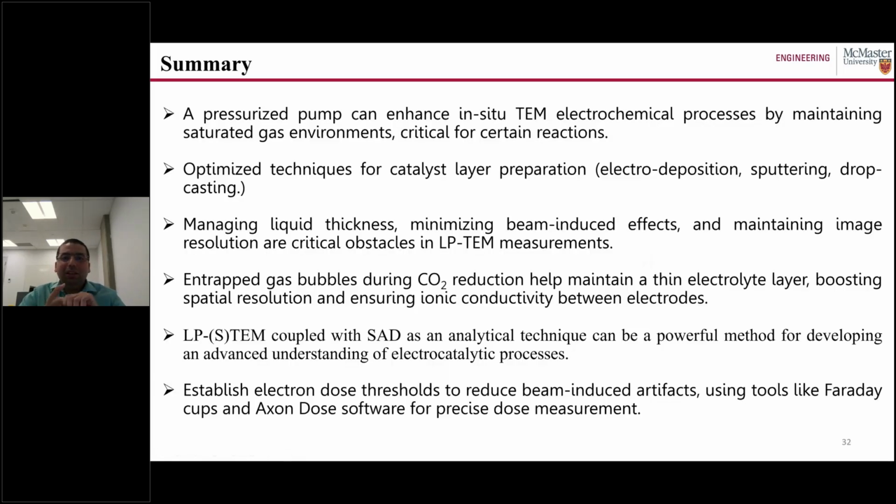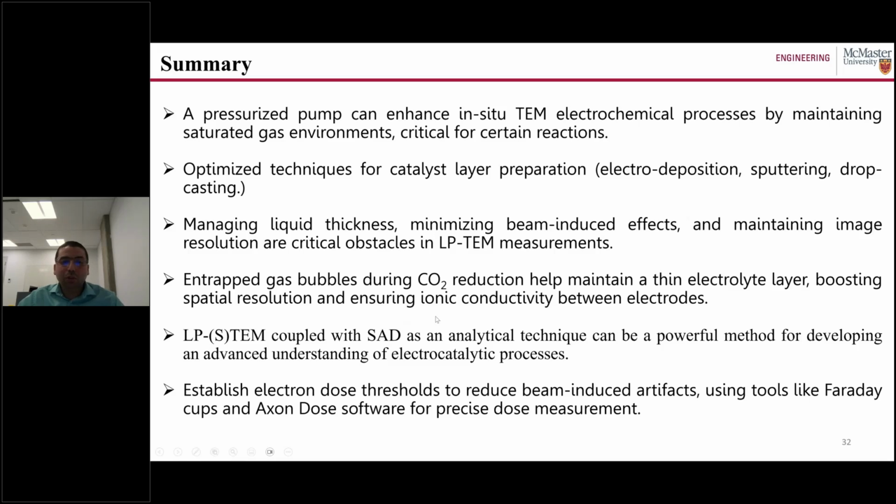So in summary, we can use the pressurized pump to enhance electrochemical processing in special reactions like carbon dioxide reduction. It's better to optimize the technique, electrodeposition, drop casting, or sputtering thin film, to prepare your catalyst. It's important to manage the liquid thickness and minimize the beam-induced effect to get high resolution under the TEM condition.